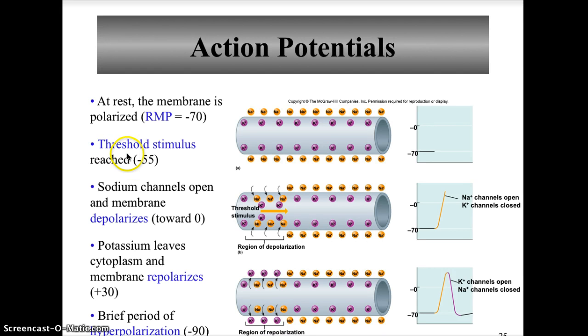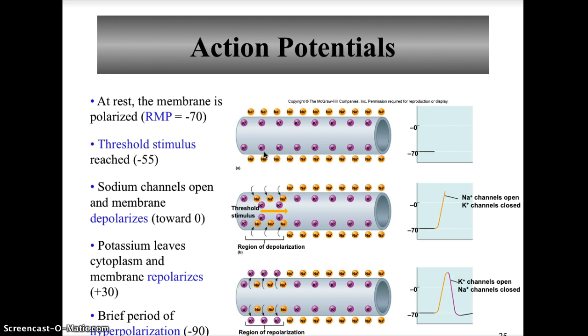It's starting to move towards the positive end or closer to zero. And that is when you have that threshold stimulus. So the cell membrane of the neuron must be depolarized to approximately negative 55 millivolts in order for certain protein channels to open and therefore start an action potential or an impulse.